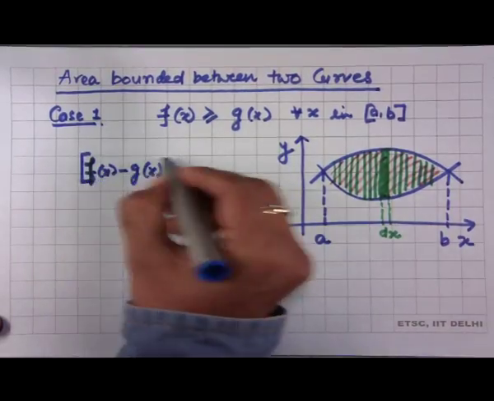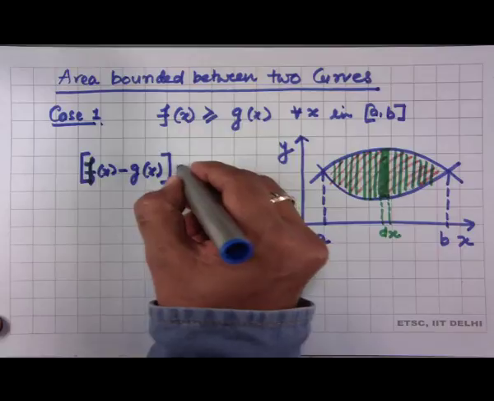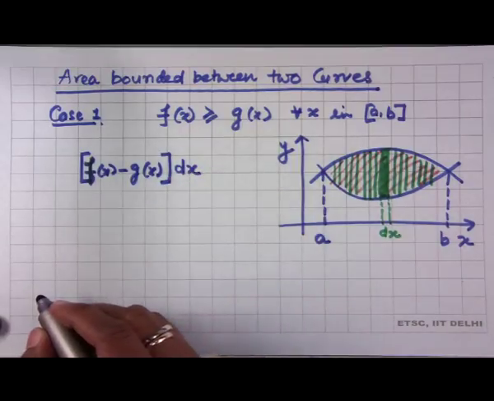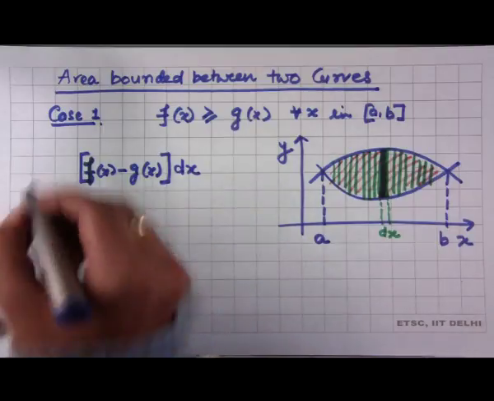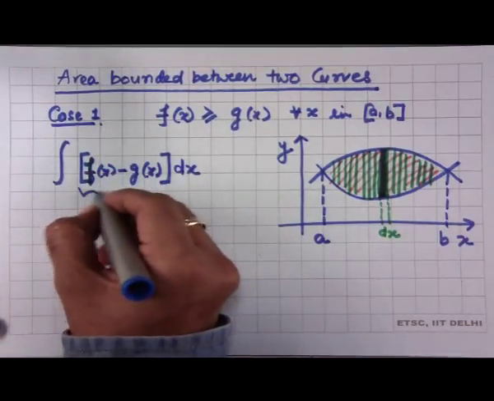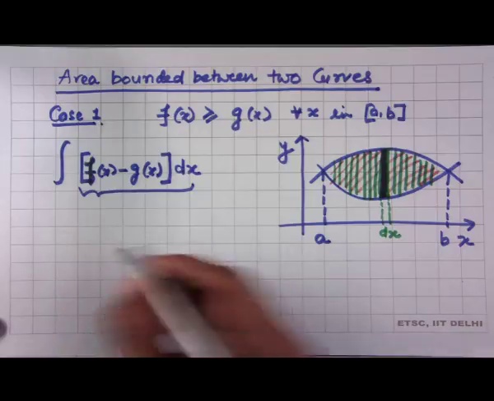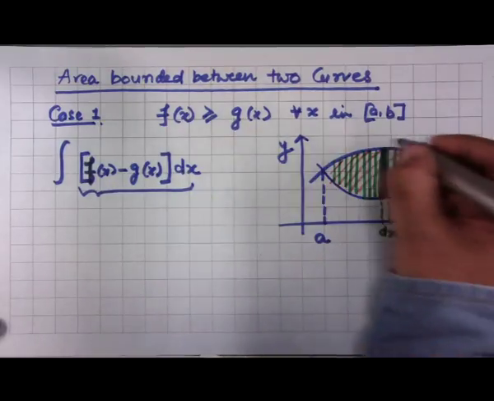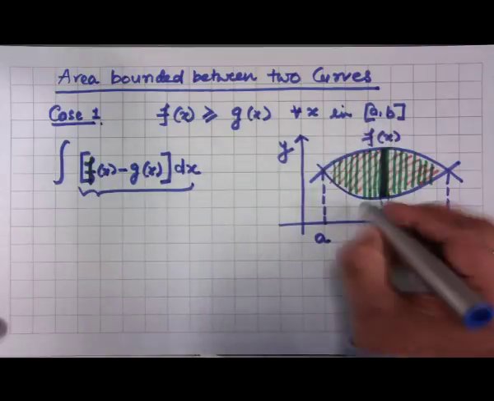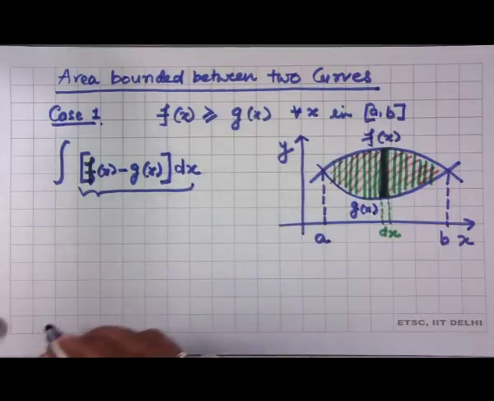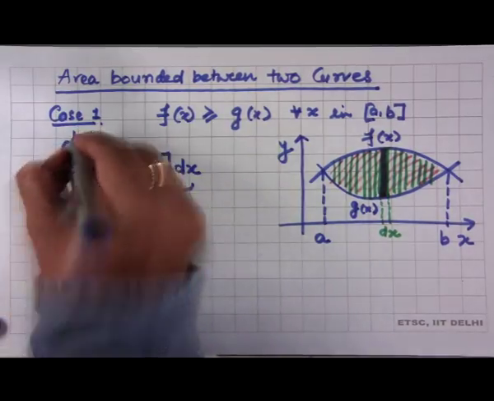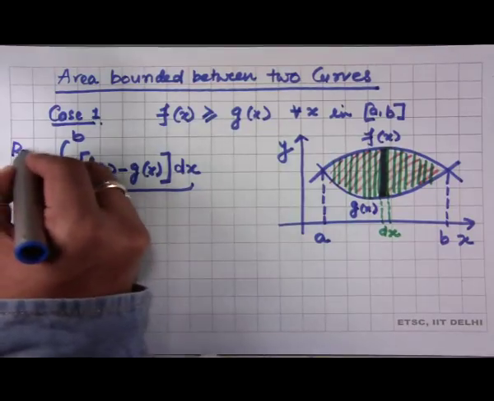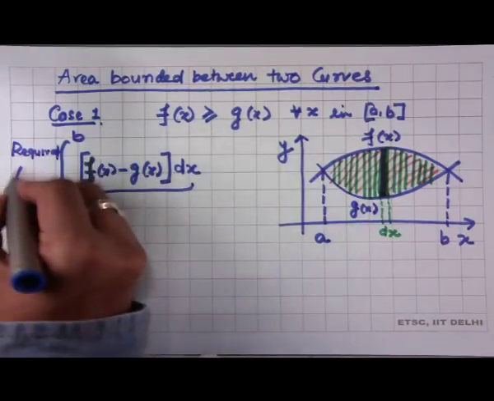So height into dx gives you the area of this strip. Now if you integrate it, this is your elementary area for this required area, this is f(x), this is g(x). So if you integrate it from x equals a to b, you get your required area.